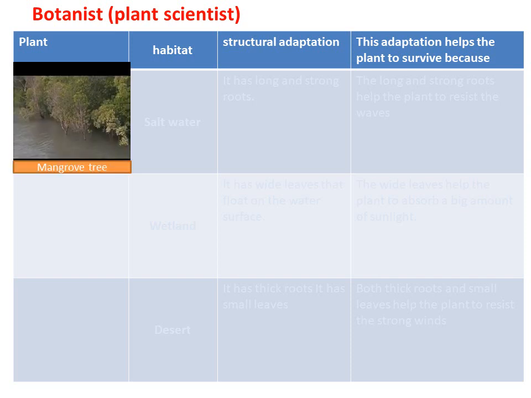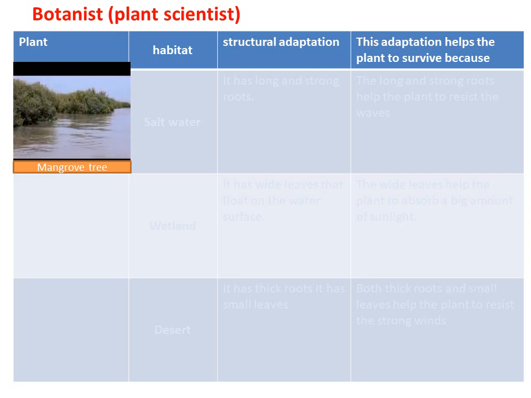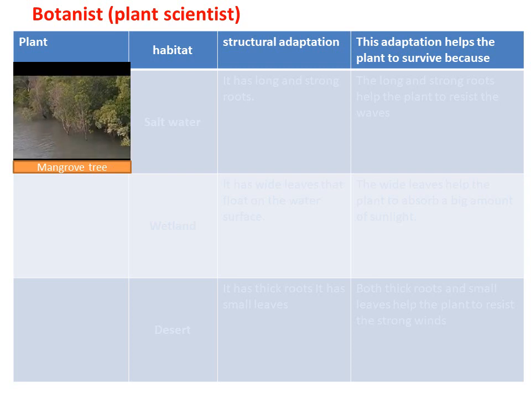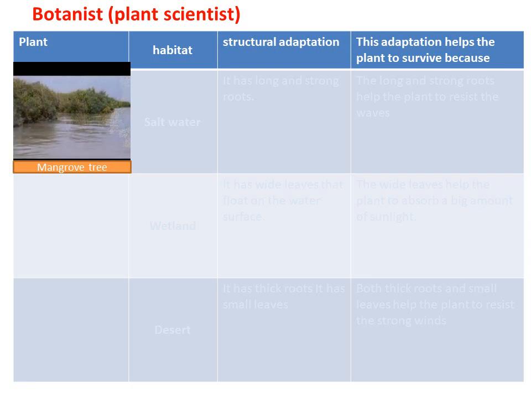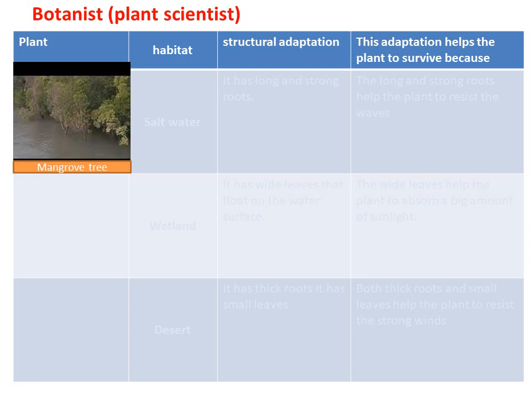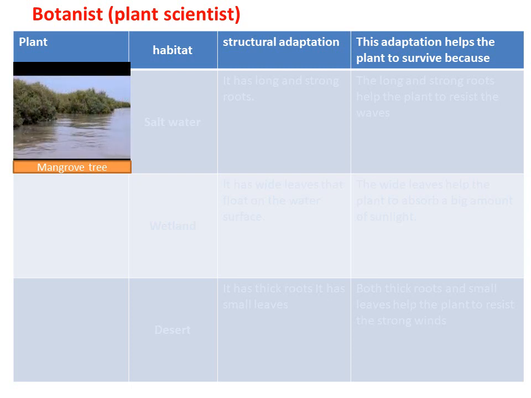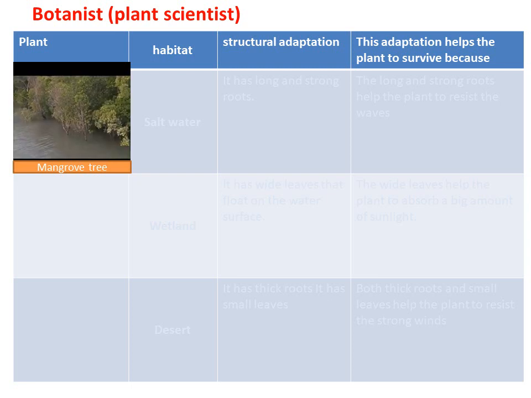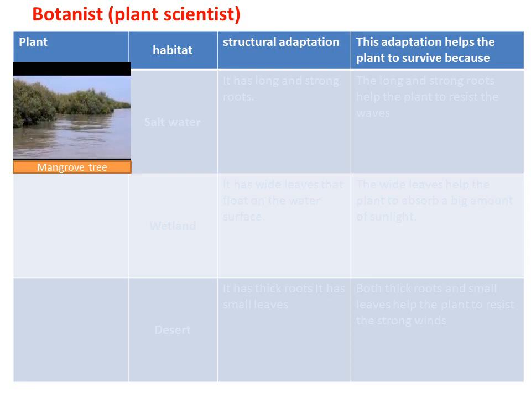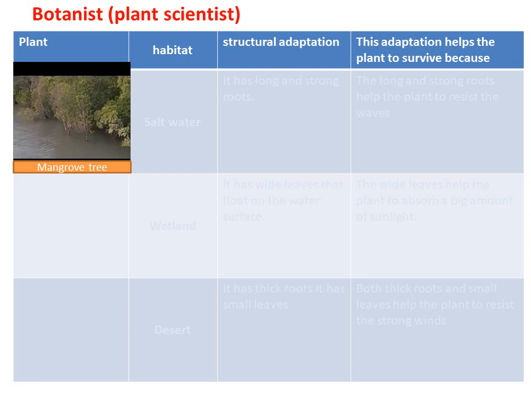First, the mangrove trees. Of course, everyone knows the mangrove trees, and they are found here in Sharm el-Sheikh, especially in Ras Muhammad and the Nabq Protectorate. The habitat is salt water, and for their structural adaptation, they have long and strong roots.